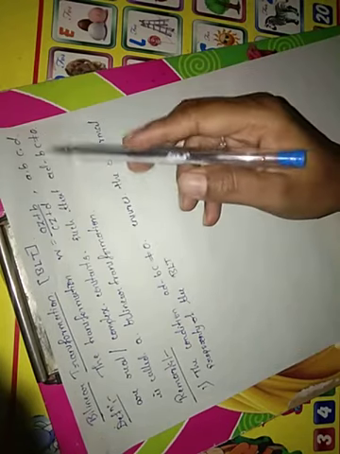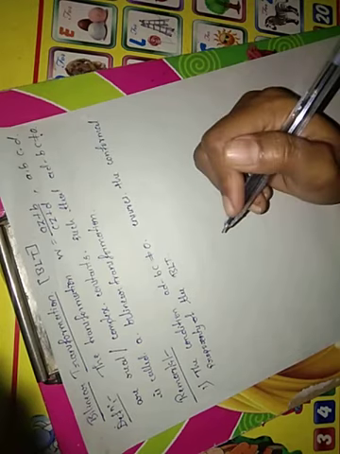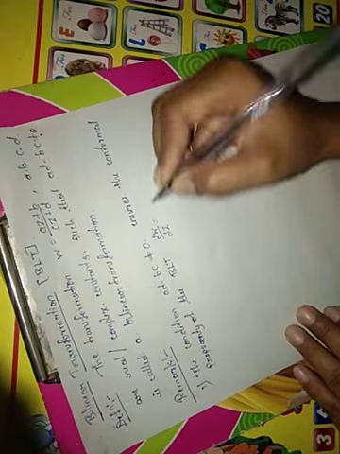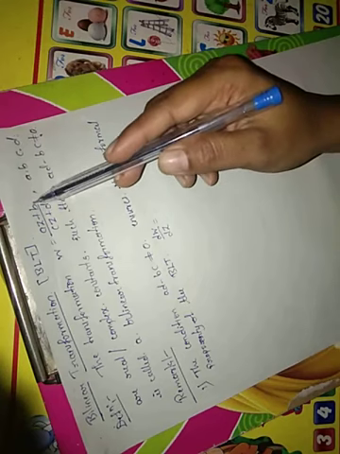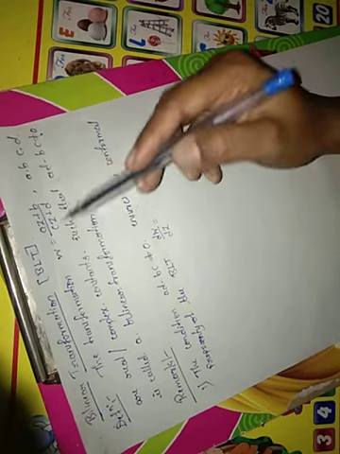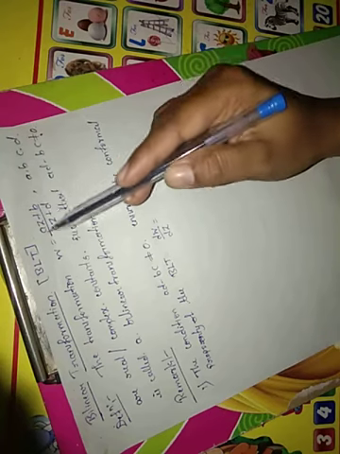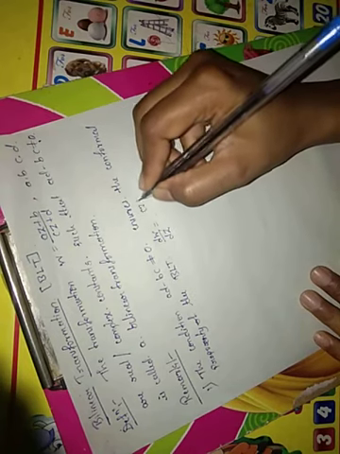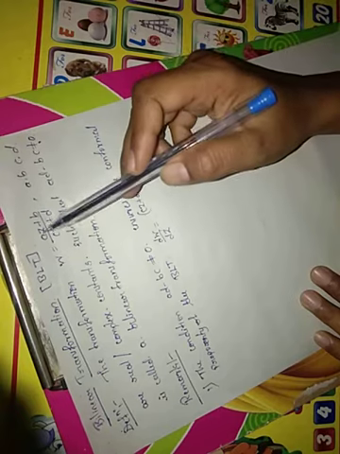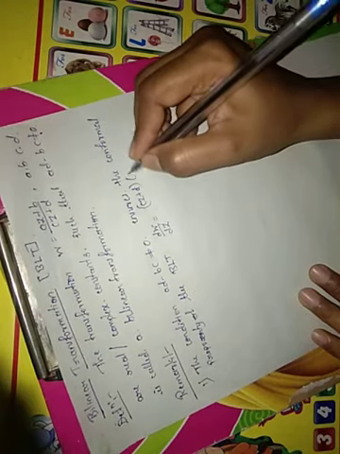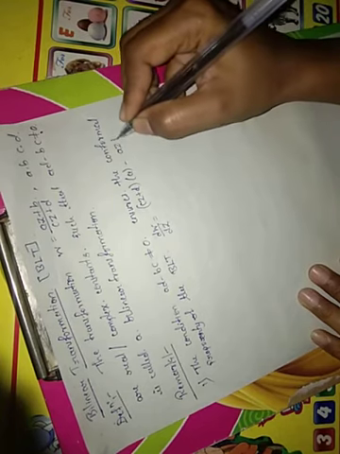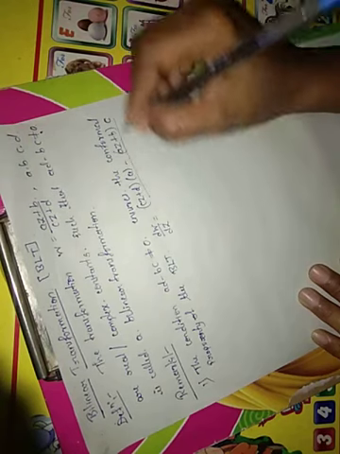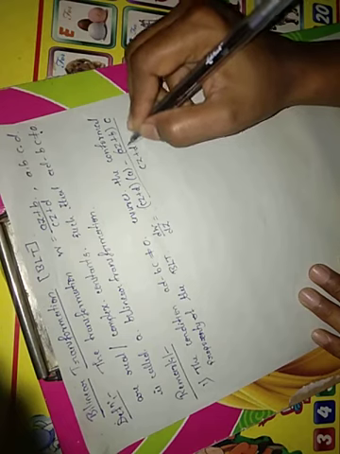Suppose we take dW by dZ, the derivative of W. We already know W is AZ plus B divided by CZ plus D. Taking the derivative with respect to Z, A, B, C, D are constants, so dW by dZ is CZ plus D into the derivative of AZ plus B, which is A, minus AZ plus B into the derivative of CZ plus D, which is C, whole divided by CZ plus D whole square.